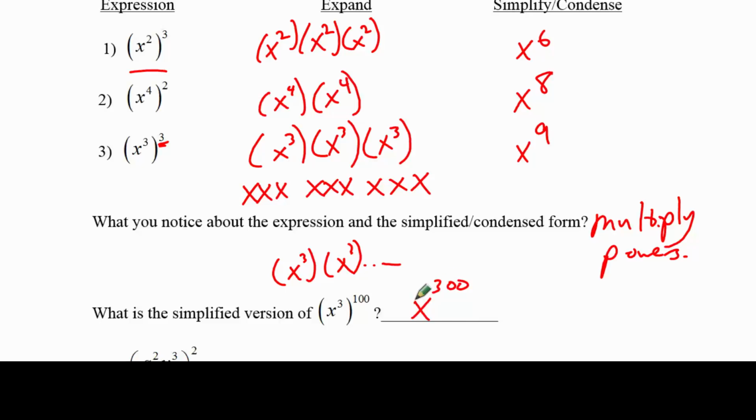Now, these two rules, x to the third times x to the 100, they do get mixed up often. And you really got to think about this. This is 100 x's and this is 3 x's, so we better have 103 x's. That's not what we have here. We have x to the third 100 times. If you have 3 of something 100 times, that's this.